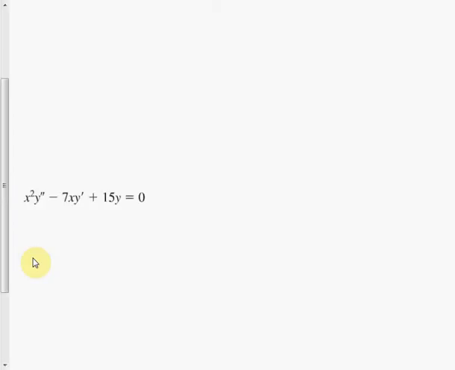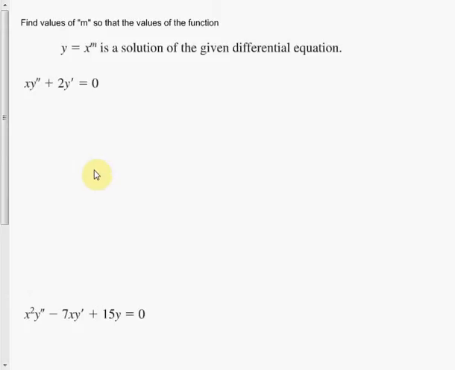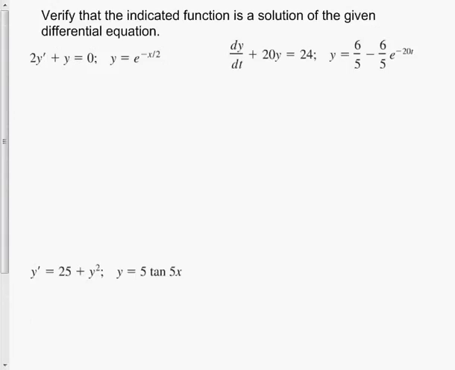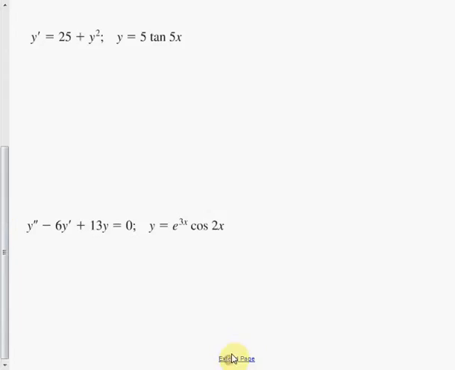So we'll look at that solution type, get the solution, and then you can easily check to see if that solution is indeed correct. So let's look at a few more of these, and then we'll go to the next section. We looked at that first one there. Let's look at this one here.